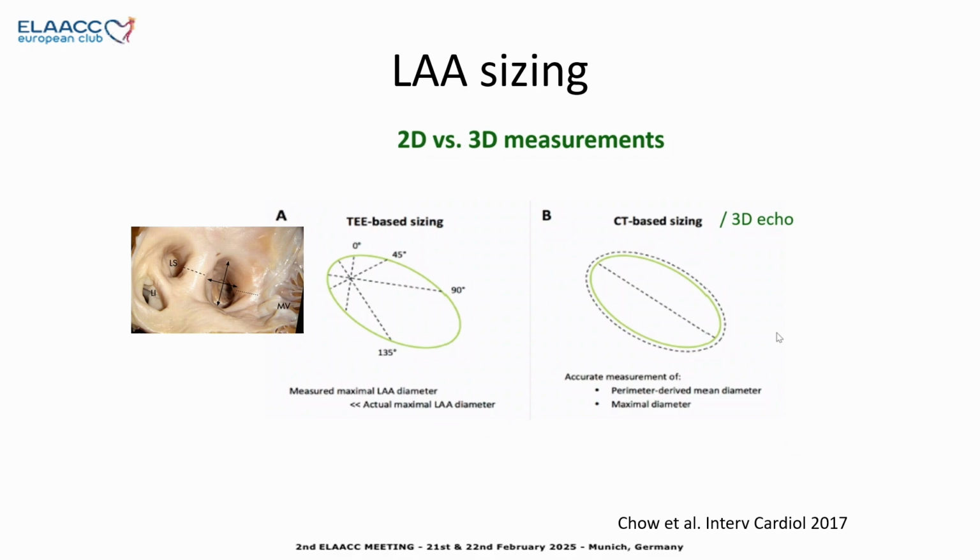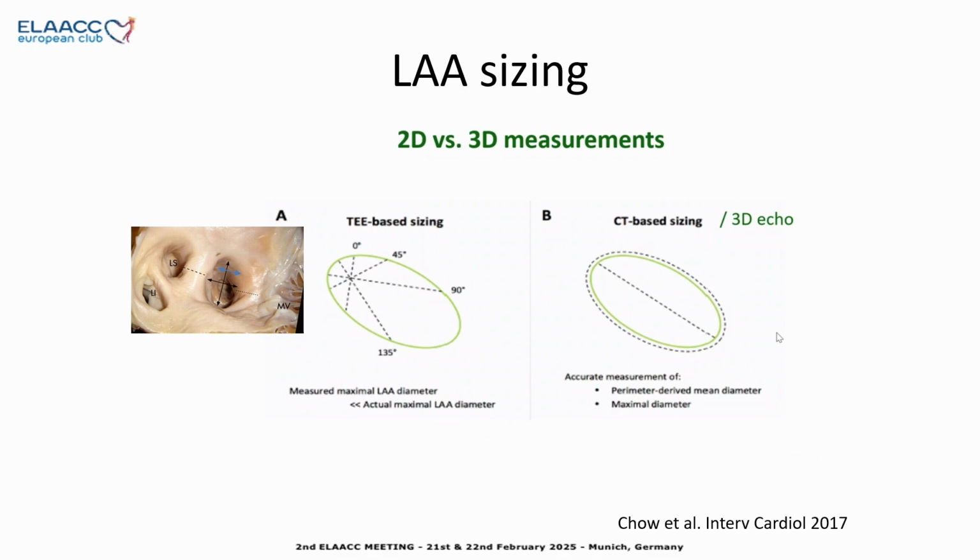What about sizing? I think there is no competition for sizing between the 3D modalities and the 2D TEE because we know, and we know since at least 10 years, that there is a risk of underestimation of the maximum diameter by TEE, which is obviously overcome by the 3D dataset using multiplanar reformation.